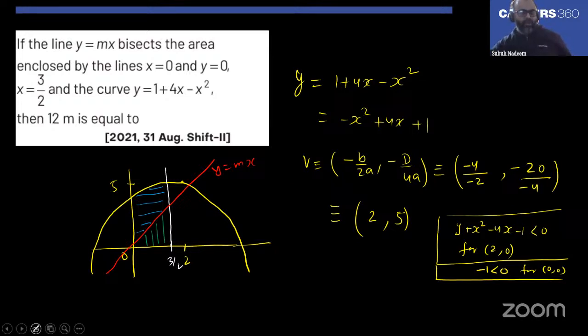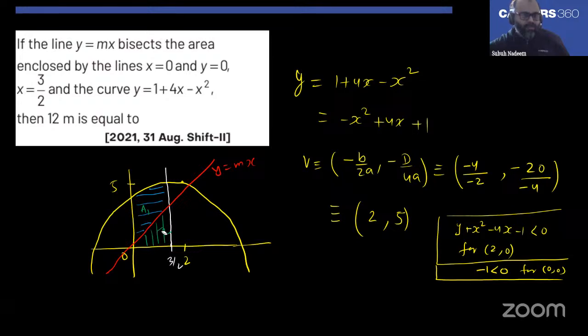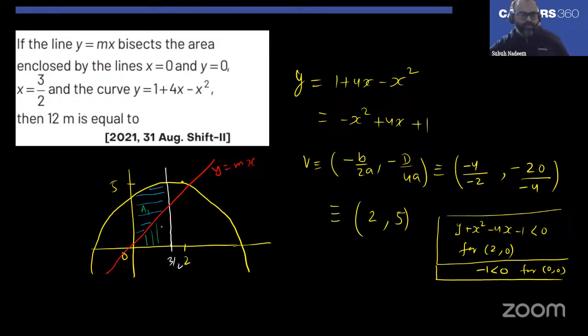So what we can do, we can say that suppose this area which is in blue is A1. This is area A1. And this in green is area A2. Let me write it more clearly. This is area A2.